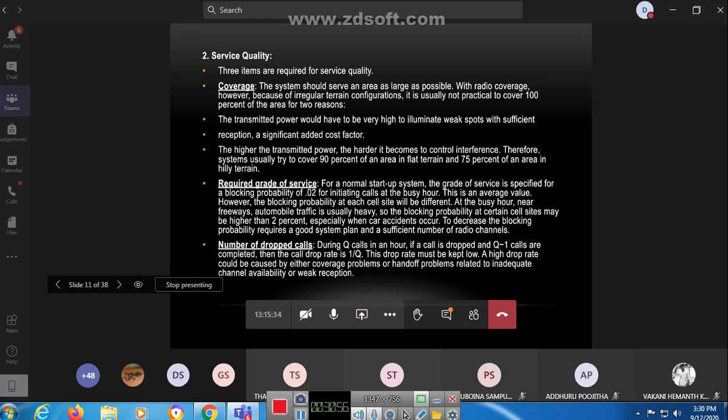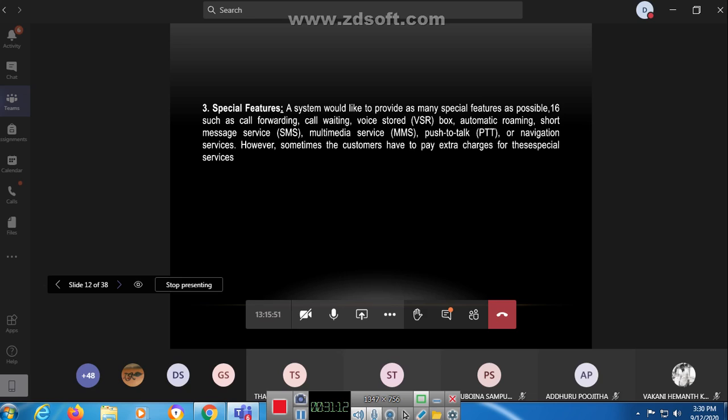If you want to take diversion calls, you can take those also. If the signal area is covered 100%, it will give good service. The special features you have, like SMS, MMS, push to talk, voice storage box, call forwarding, call waiting, and navigation, are all considered special features.